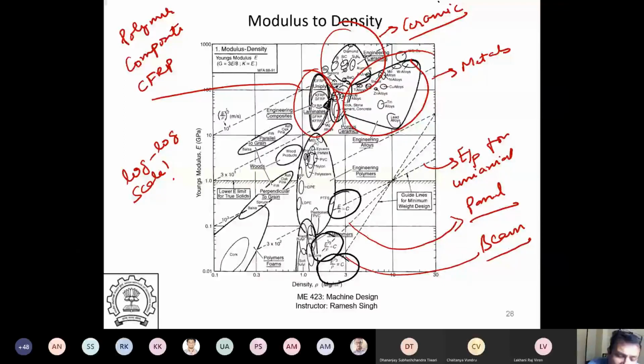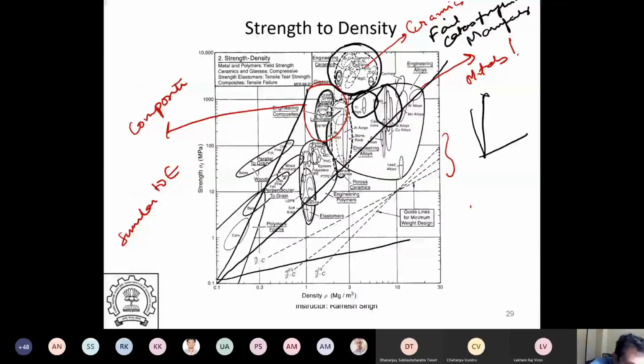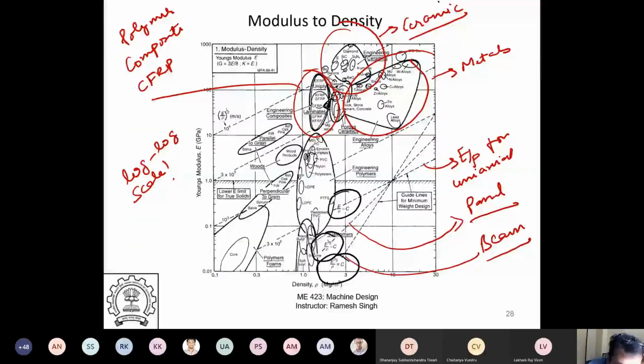You know why they use something like this? Why would they use E over rho, E^(1/2) over rho, E^(1/3) over rho? If I am using E by rho for a uniaxial condition, you will use E by rho.